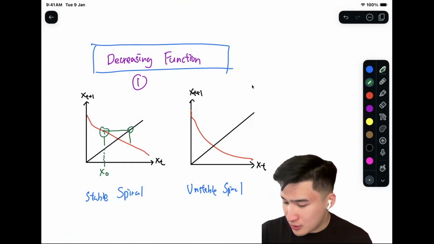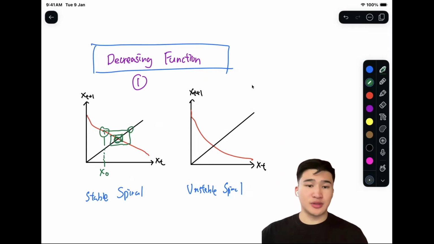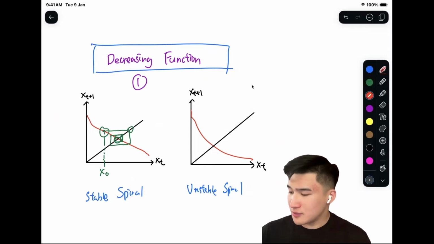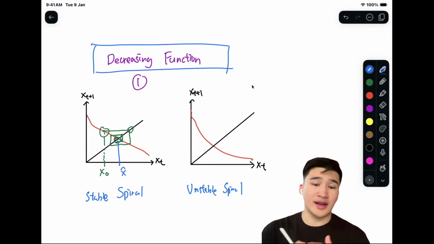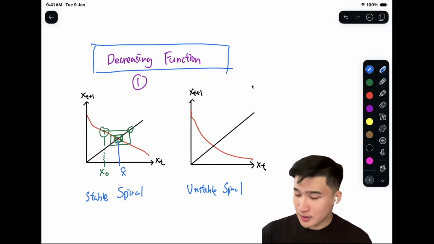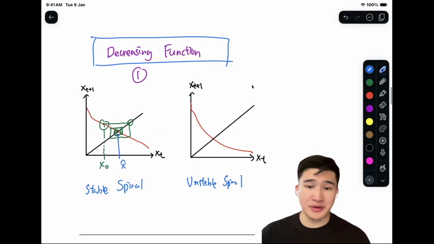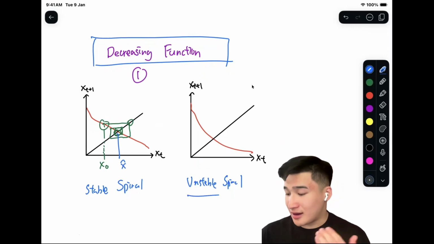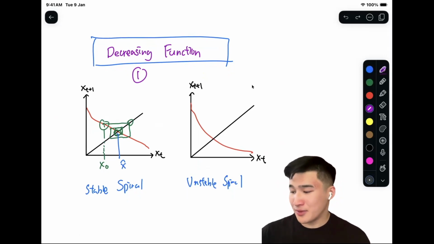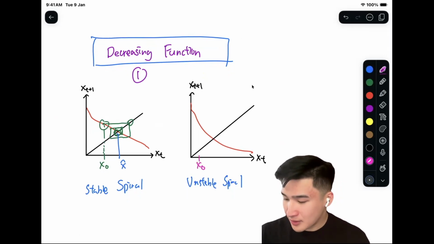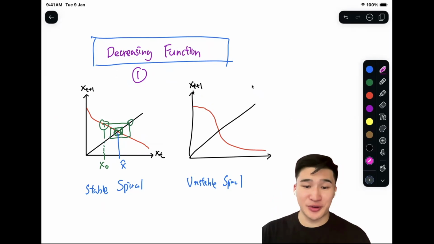So this one goes down, it actually goes back up, goes up here, do this, do this, do this. And if you repeat this multiple times, you would eventually get a value here, and this becomes our x hat, which is our equilibrium. So this is what we call a stable spiral. And the reason you see that it's an unstable spiral, so let's say I have an x naught here. All right, forgive me, I have to redraw the graph again.